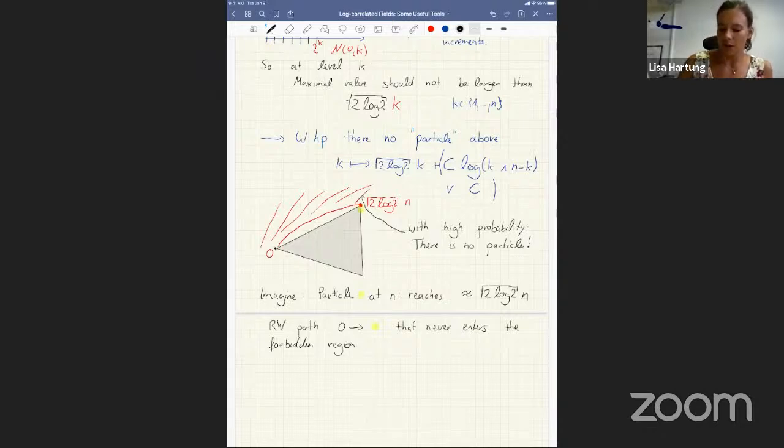So if I draw this path, it has to do something and reach this point. And it's not allowed to go to the red region.